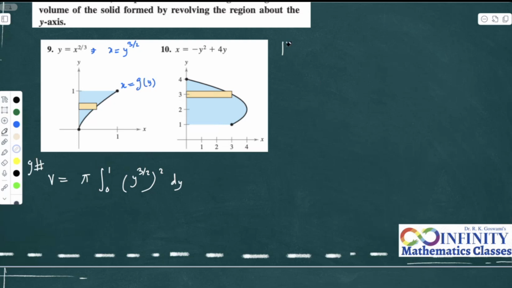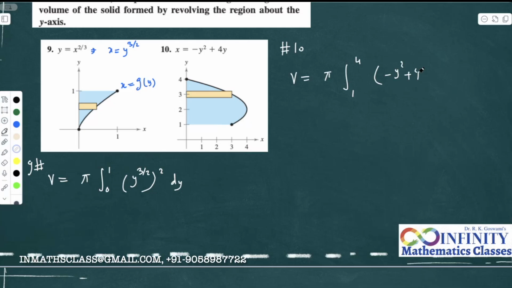Now tell me the answer for number 10. It is a simple formula. So that would be pi integral from 1 to 4 of y squared minus 4y, and all of that would be squared, dy. Perfectly okay.